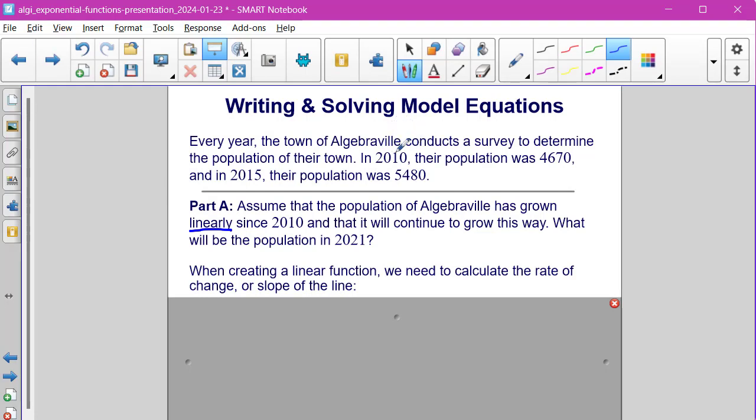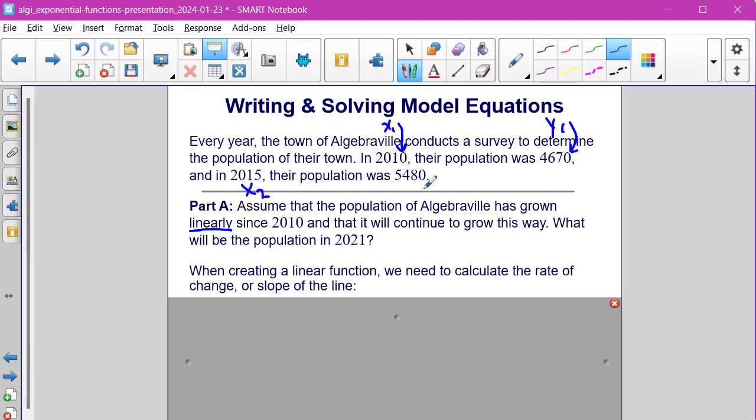So 2010, the first year where the population was recorded in this problem, is going to be our x1 value. And the population that corresponds to it, 4,670, will be our y1 value. And then 2015, that'll be our x2 value.